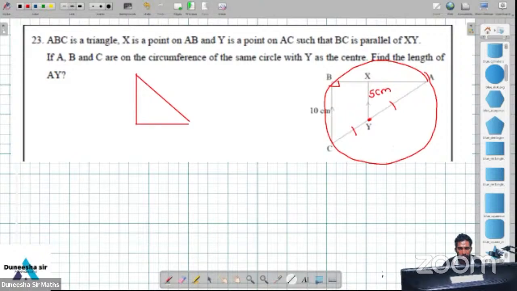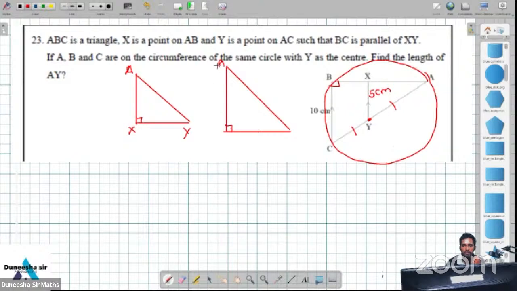In this triangle, this is 90 degrees. A, X, Y. Another triangle is A, B, C. Then BC is 10 centimeters. Okay. Similar triangles.